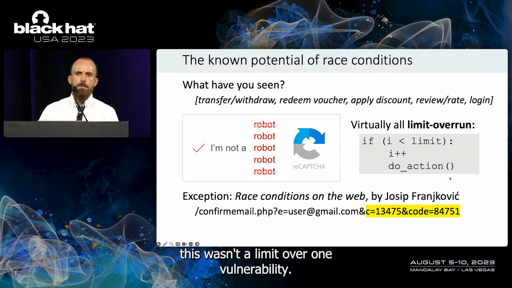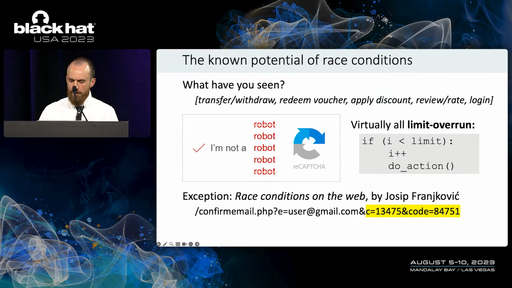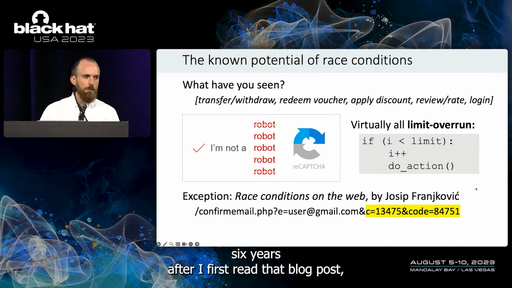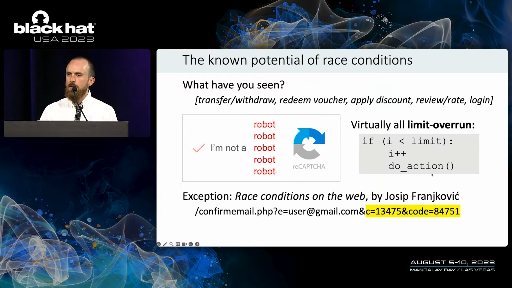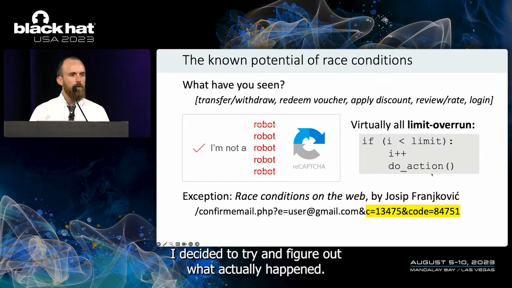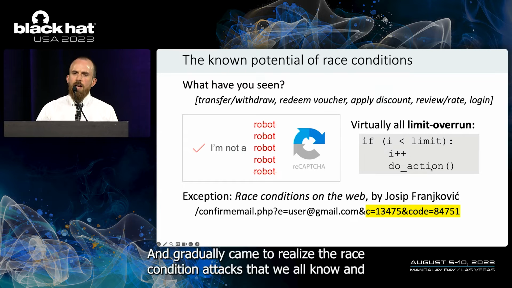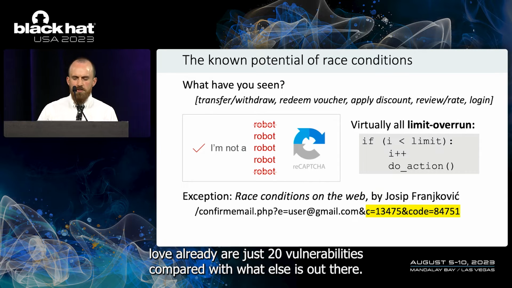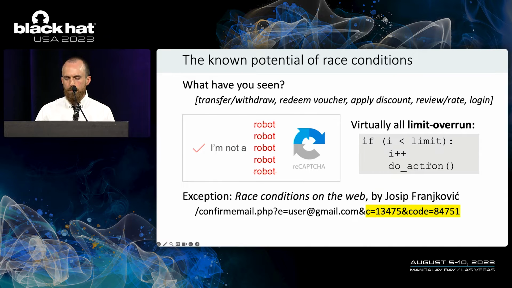This wasn't a limit overrun vulnerability. And so last September, 6 years after I first read that blog post, I decided to try and figure out what actually happened. And gradually came to realize that the race condition attacks that we all know and love already are just toy vulnerabilities compared with what else is out there.